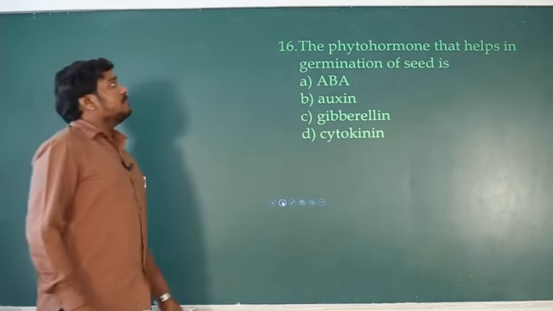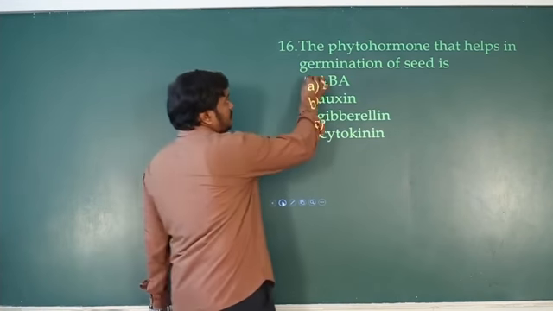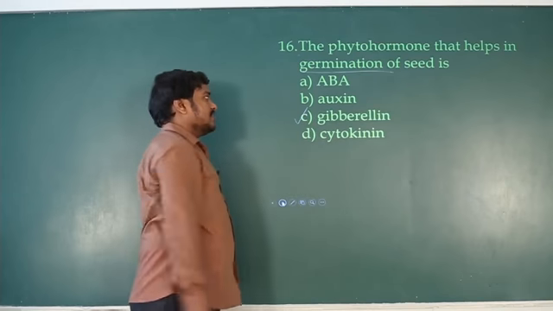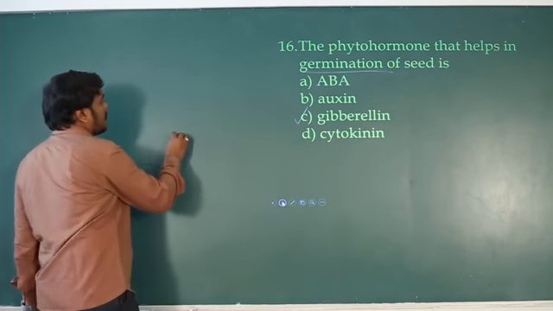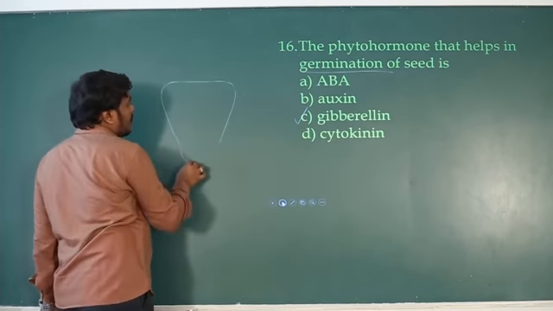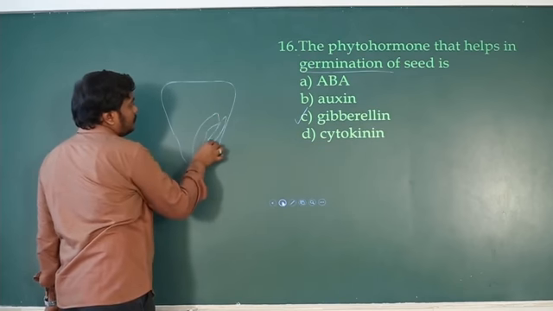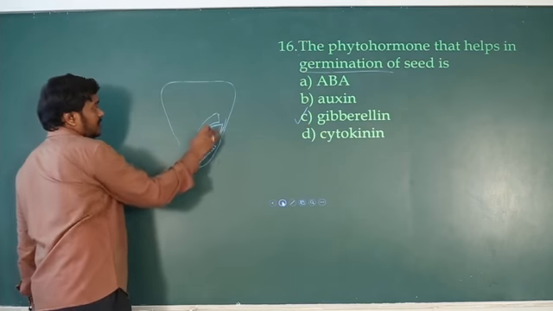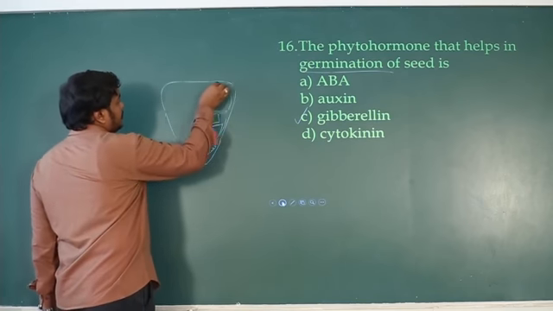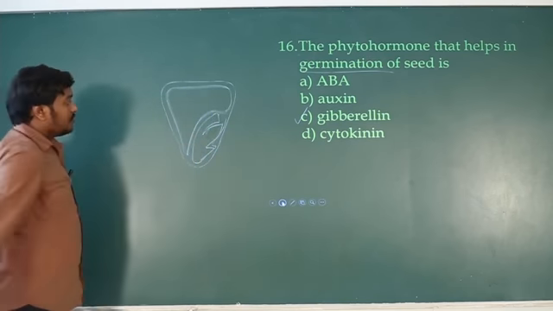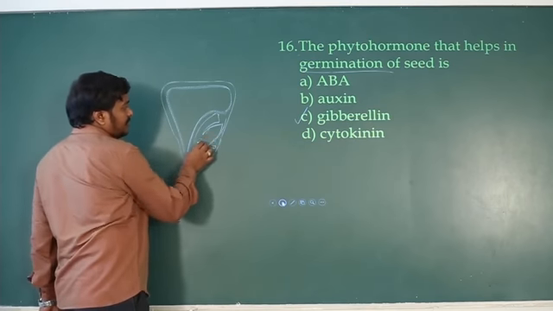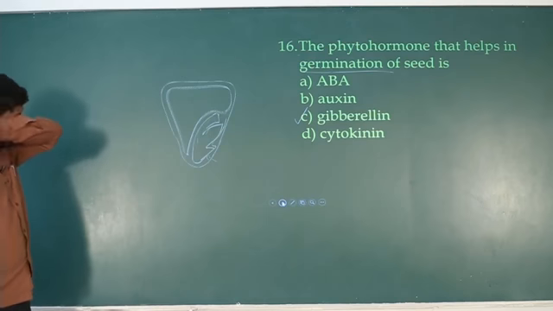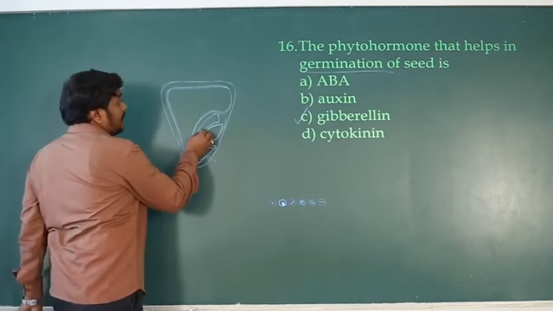The phytohormone that helps in germination of seed. Germination, in the sense of breaking the dormancy, helps the plant to germinate, that is gibberellin. How is the seed germinated with the help of gibberellic acid? If you take a monocot fruit, it's like this. If you remember the structure, it has the aleurone layer. When you soak the seed, abscisic acid is more concentrated here, and gibberellic acid is produced.